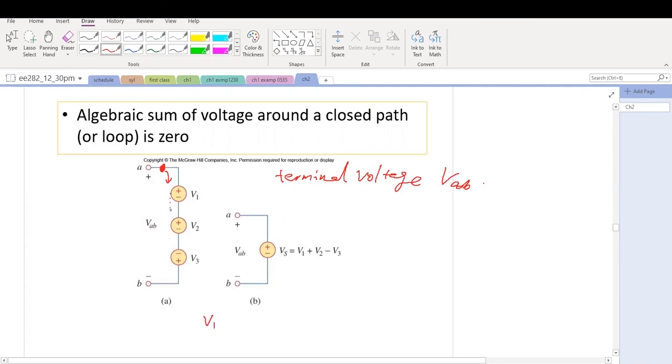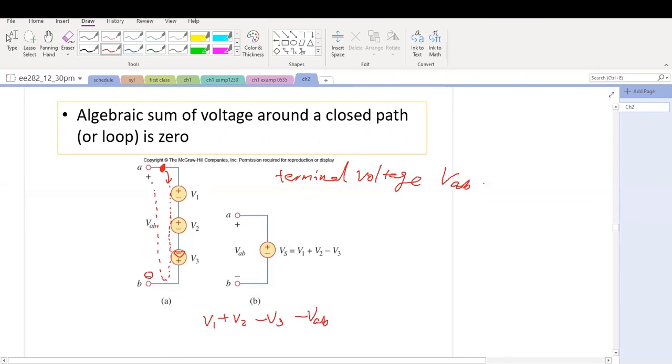And then I walk, and then V2, and then here I encounter the negative sign first, V3, and then I keep going. And then here, imagine there's a voltage here. You encounter a negative sign first, so that will be minus VAB. There's a voltage on this branch, on this terminal.